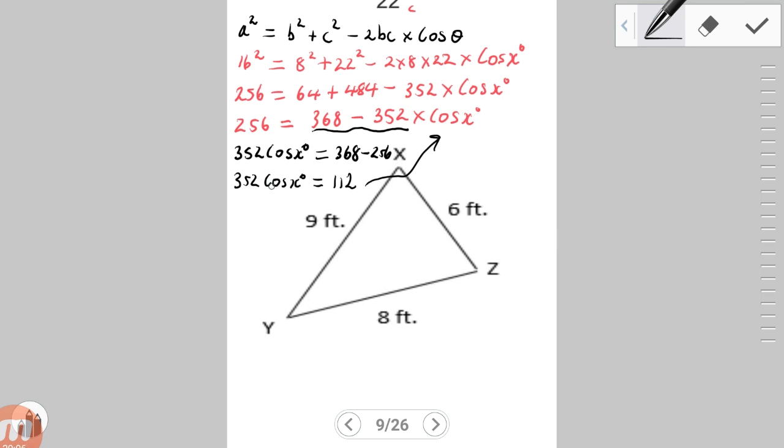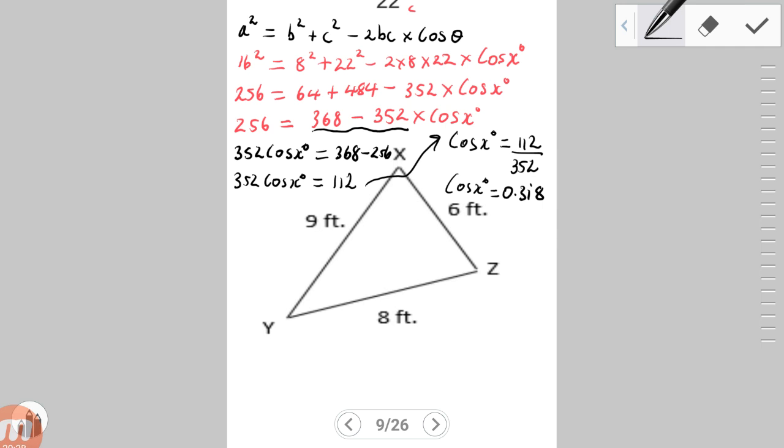So therefore I need cos x degrees to be by itself, so I'll simply divide both sides by 352. So cosine x degrees is equal to 112 divided by 352. So we're going to find that cos x degrees is equal to 0.318.